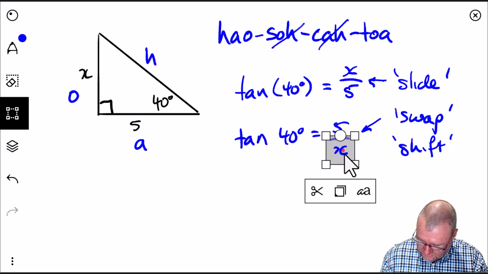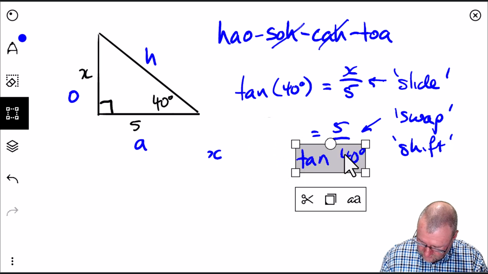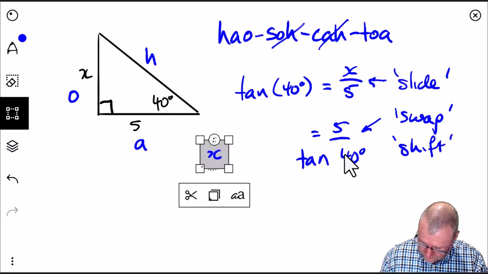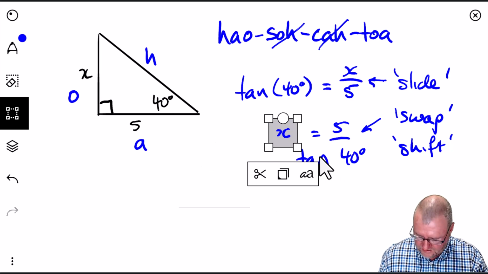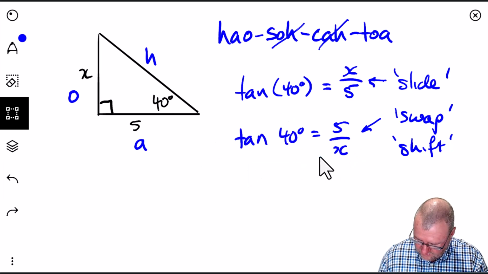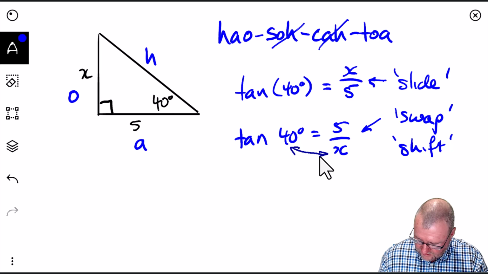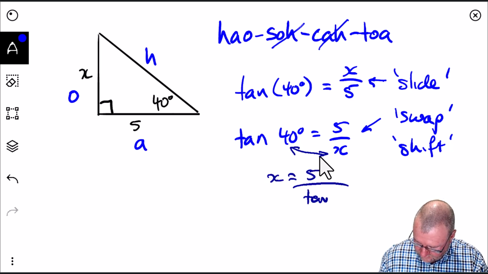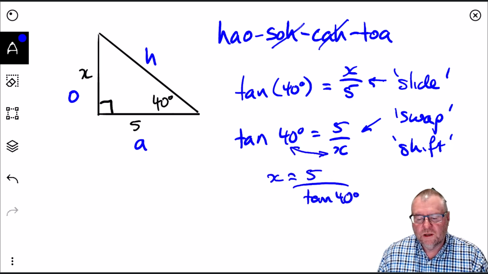So I'm literally going to swap places with those two. So I swapped the X and the tan 40. Those two are just going to swap places. So you'll end up with X equals 5 over tan 40. That's a swap.